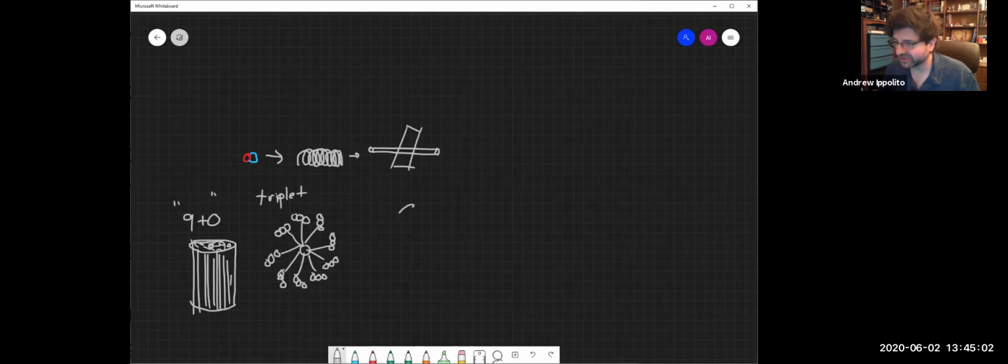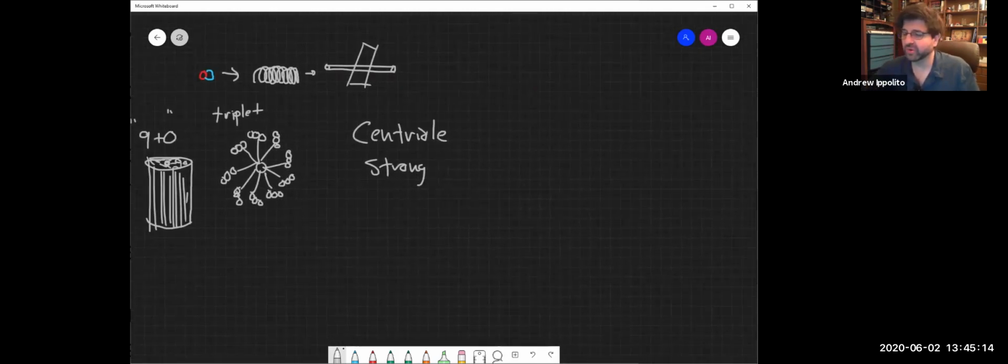So that's a centriole. They're strong. They're stiff. And there's always 2 of them at 90-degree angles to each other in the centrosome.